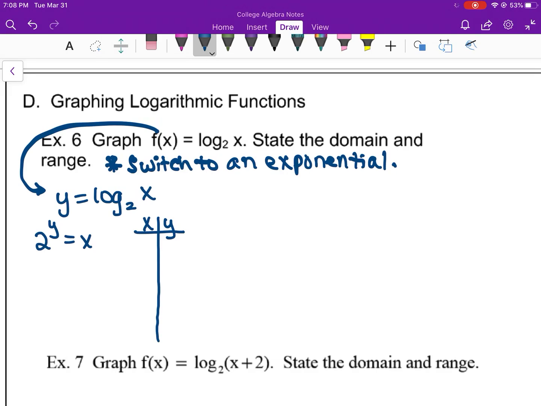I need to pick out y's first. I'm going to plug those y values in to get x's. So if I plug in 0, I get 1, 2, 4, 1/2, 1/4. And then I'm going to graph.